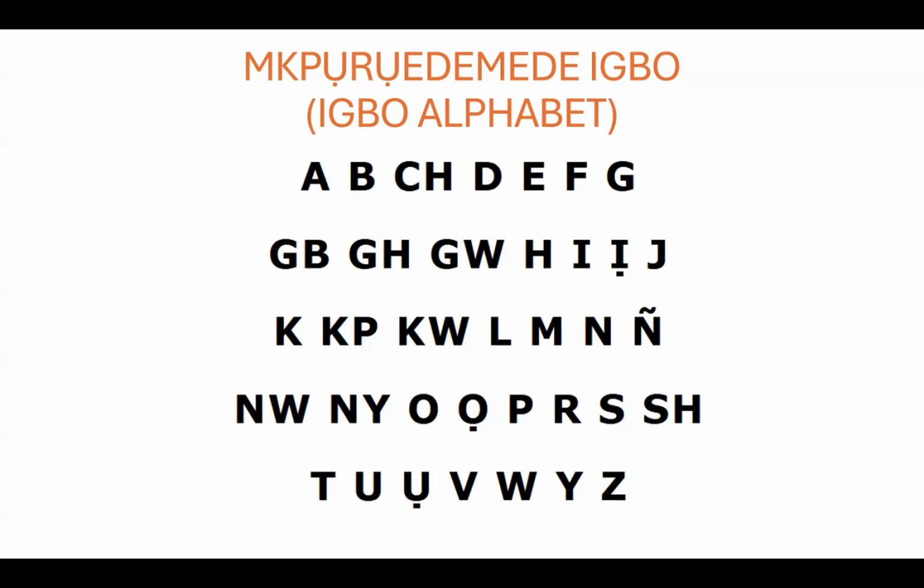So U and Ụ are different. The letters with dots under, you kind of stress it. You see that Ọ in Ọka. Okay. So then, U, where do you think you can find U? Do you know any Igbo word that starts with U?